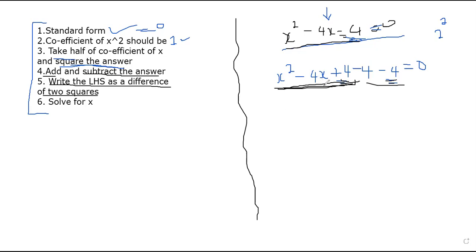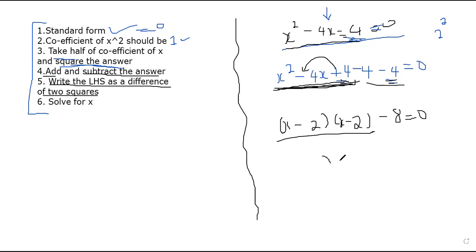You take this, it will be x and x, and then positive tells you the signs are the same. What is the same? It's negative and negative. So the factors should always be the same. It should be 2 and 2, right? So you'll be left with minus 8, equal to 0, right? Since it's the same, we can write it in this form.